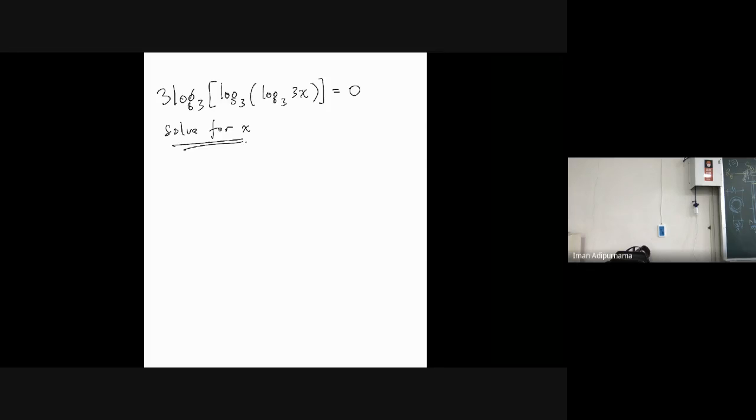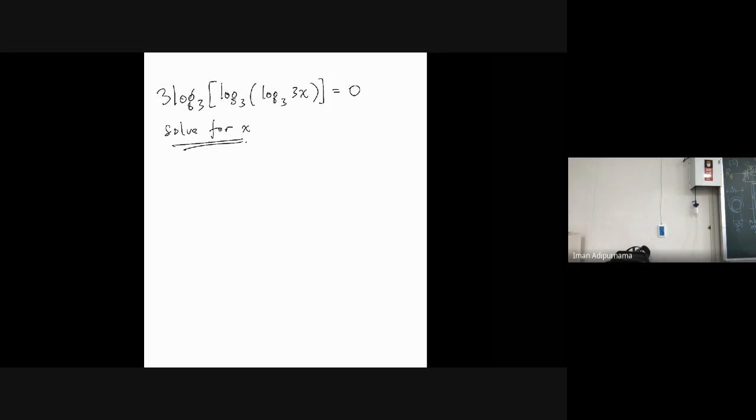You just need to remember the idea of the basic log, from the first rule. Remember that a with the power of b is c. You write it into log form. Can you rewrite this into that form?